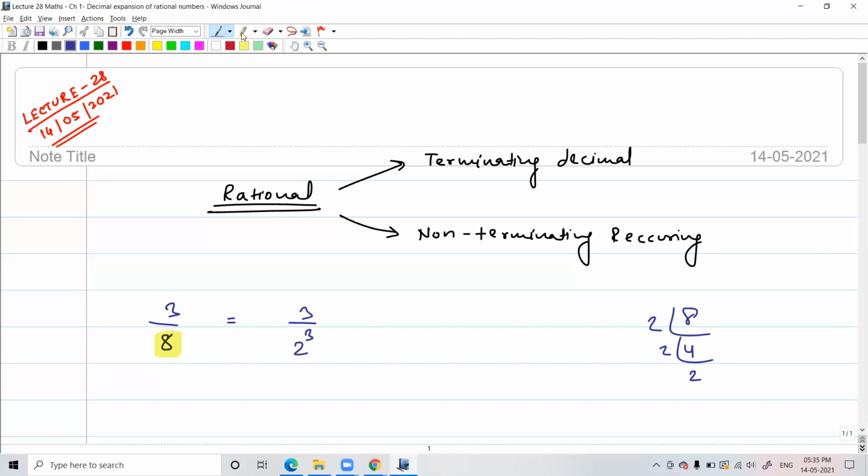Now, can you not see that it is in the form of 2 to the power m and 5 to the power n? Sir, 5 to the power 0, sir. Yes, of course. There is a 5 to the power 0 and anything to the power 0 is 1. That's why this 5 is not visible over there, because n is equal to 0 for this case. But it is in this form, right?